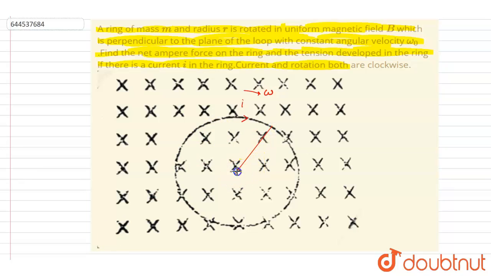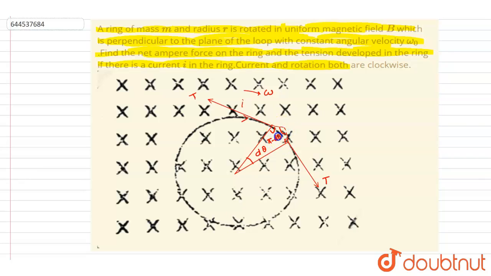If I take a small element of angle d theta, here this angle is d theta, and the tension force will be acting like this, T and T. So net tension force you can get: these two angles are 90 and 90, so these two angles are 180.